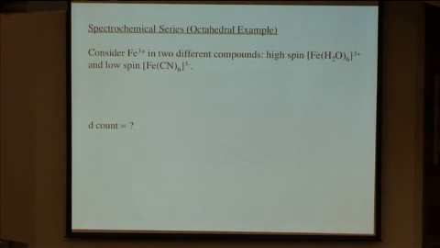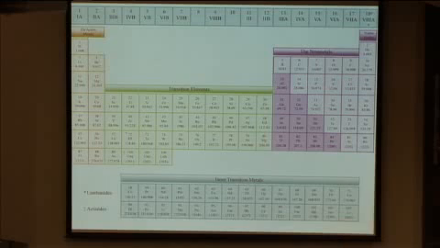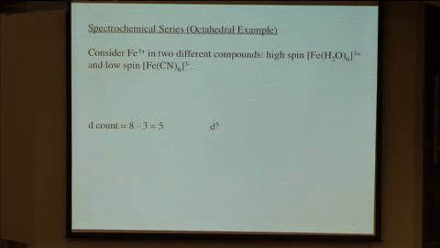First, before you do anything else, you always have to think about what the d count is. To do the d count, we look at where iron is in the periodic table. It's in group 8, and then we have 8 minus 3, the oxidation number. It's a d5 system.